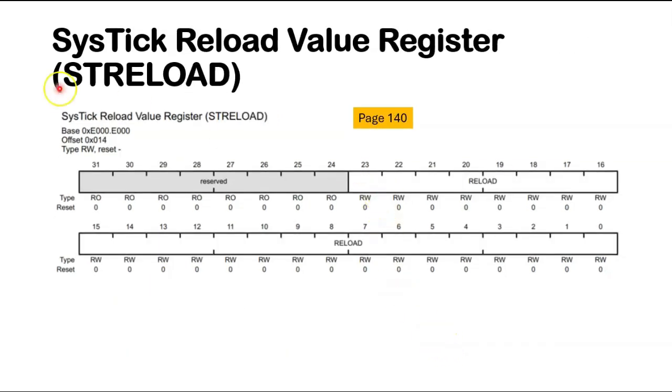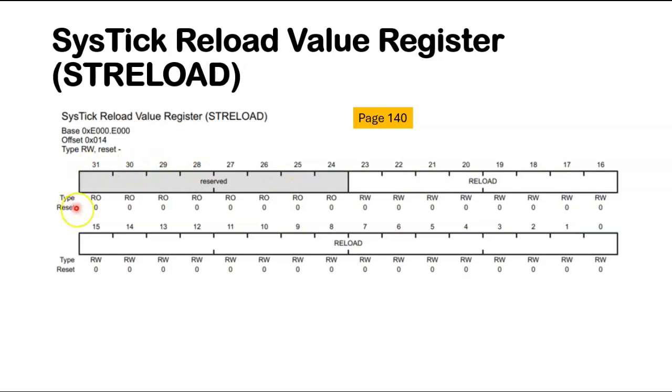The next register is the SysTick reload value register, and this is the STRELOAD. And the base address is here and the offset is here, and this is taken from page 140 of the datasheet.